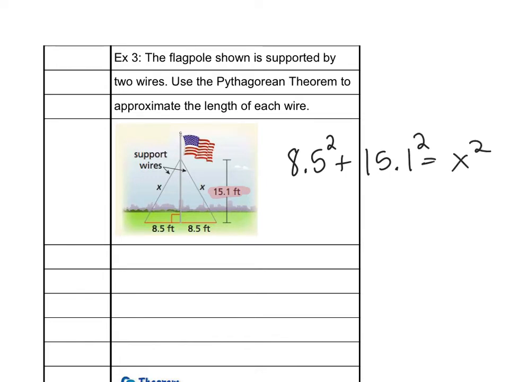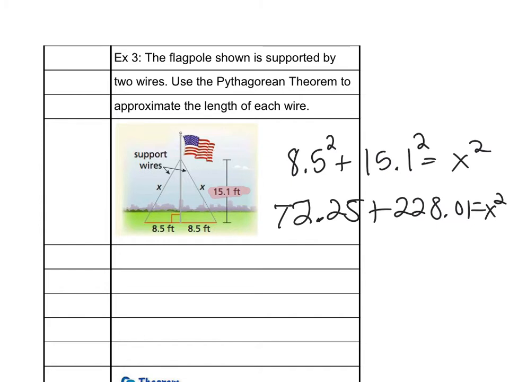Hold on a second. I'm going to have to pull out a calculator for this one. So 8.5 squared is 72.25 plus 15.1 squared equals 228.01.